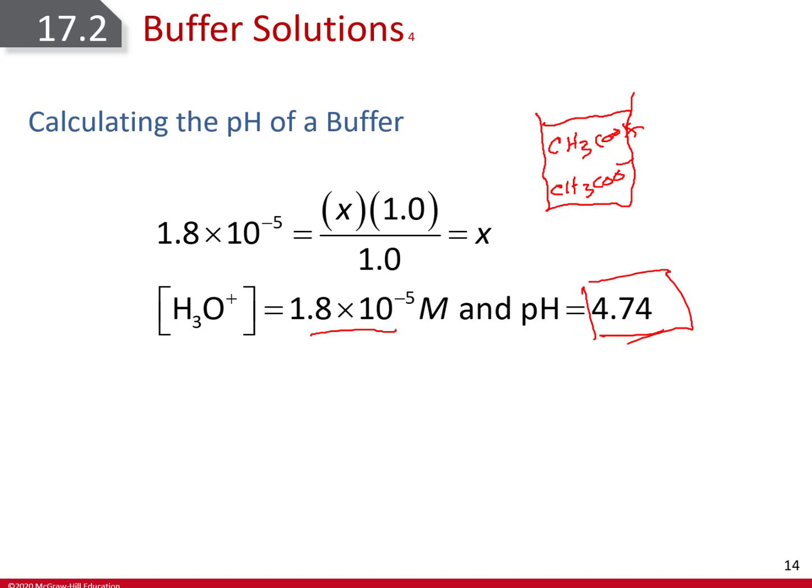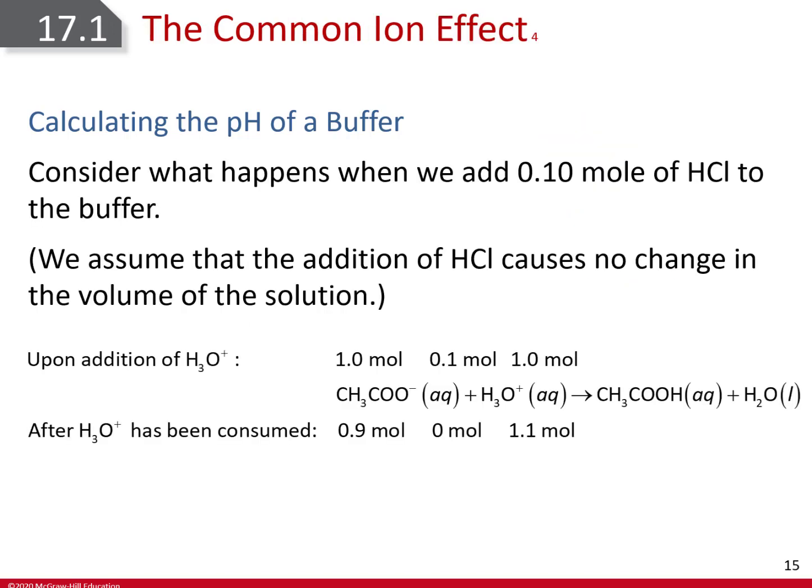All right, so now what happens when we add 0.1 moles of hydrochloric acid to that beaker? And again, we're going to assume that the addition of the hydrochloric acid causes no change in the volume. It makes the calculation much easier.